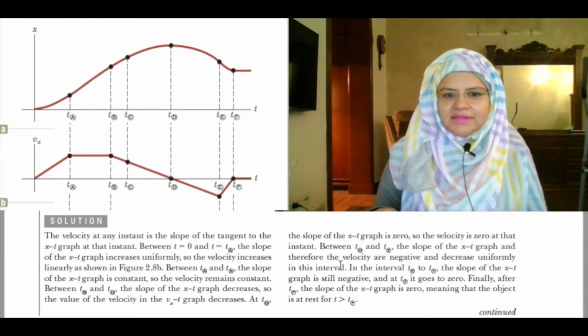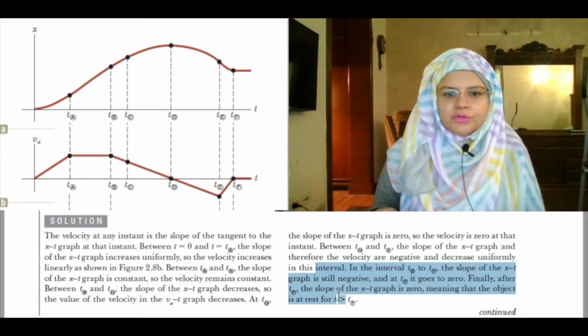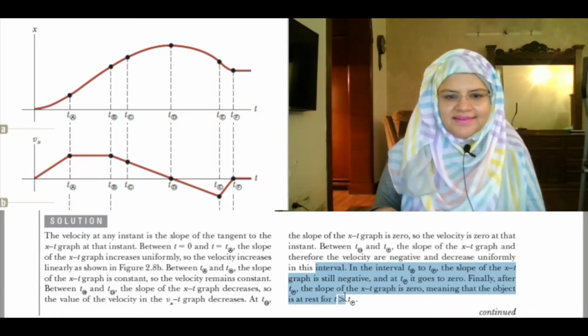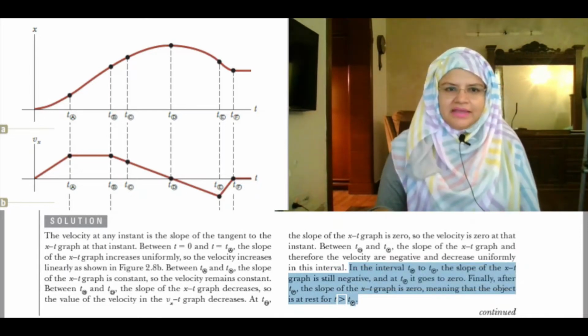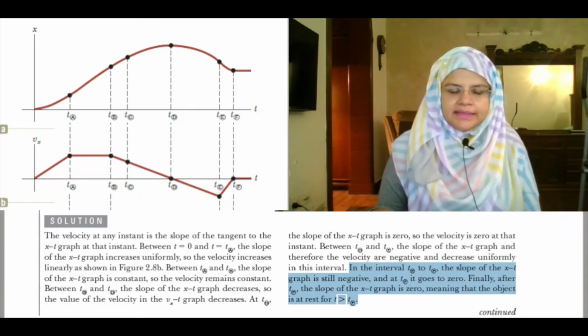In the time interval te to tf, the slope of the xt graph is still negative and at tf it goes to 0. Finally, after tf, the slope of the xt graph is 0, meaning the object is at rest for t greater than tf. In figure 2.8a, the position time graph between the points te and tf, the slope is still negative.